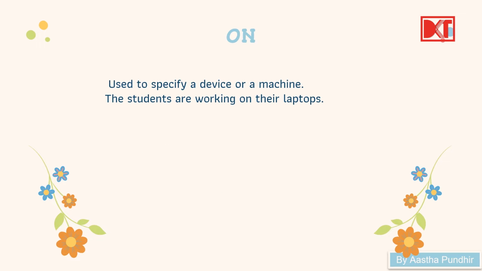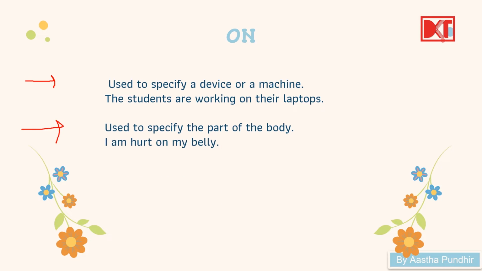Next up, on is used to specify any device or a machine, like the students are working on their laptops. So what are we signifying here? We are signifying any device or a machine, that's laptop. Used to specify the part of the body, like I'm hurt on my belly. So belly is a part of the body, so signifying it with on.